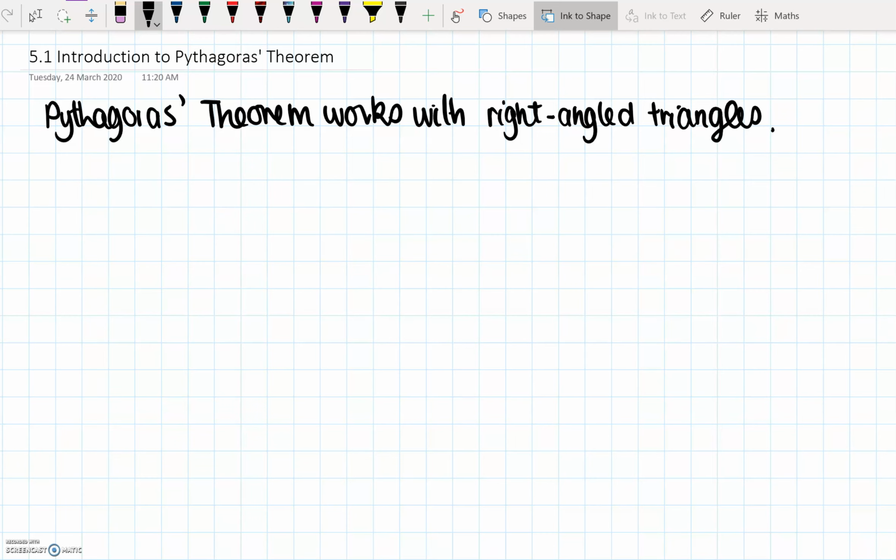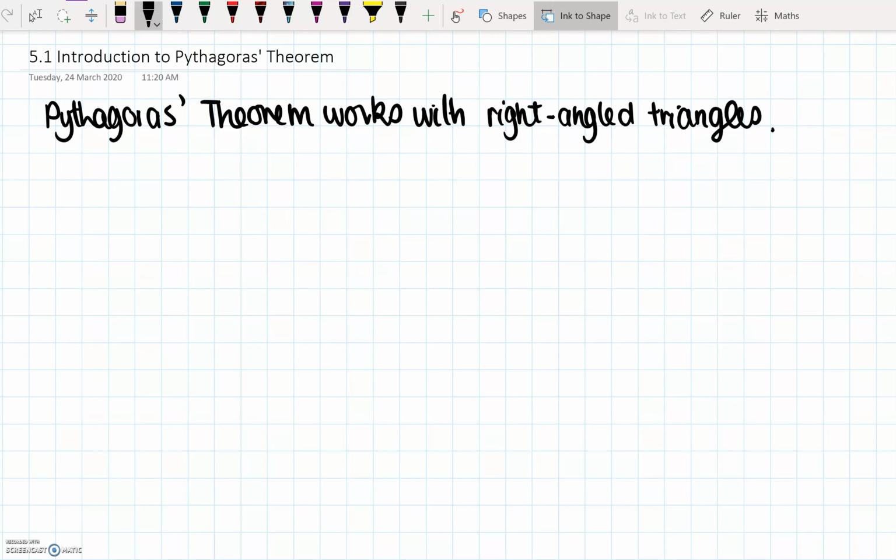Now, that means that if you want to apply Pythagoras' theorem, you must have a right-angled triangle. And you must know that it is a right-angled triangle. Okay, there must be evidence in your questions that it is a right-angled triangle. Okay, you cannot use Pythagoras' theorem, at least in year 2, without knowing that it is definitely a right-angled triangle.